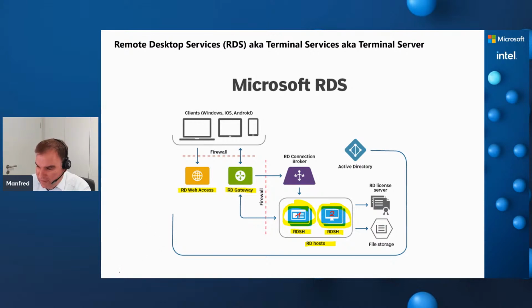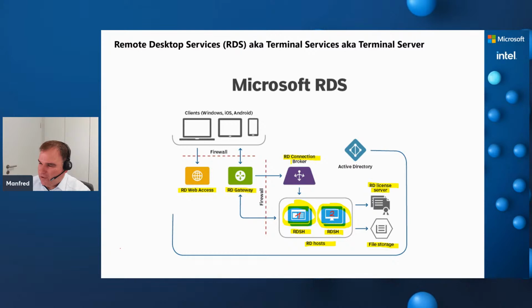What you can see on the right-hand side are the licensing options. So the RDS licensing server is also a server role or a dedicated server that is installed, and the file storage. When we are thinking about users, every user that has a user profile needs some storage where the files are stored, and we can configure this here flexible.